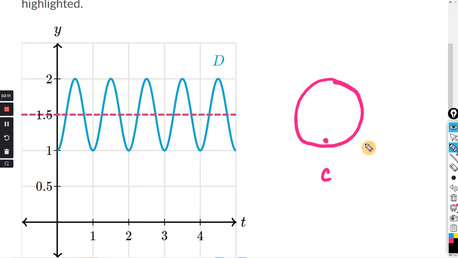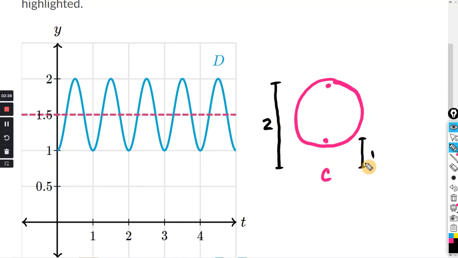So from here to here is 1 unit. And when the 0 is furthest away from Cody on the other side, let's say right there, the distance between Cody and the furthest point of the 0 is going to be 2.